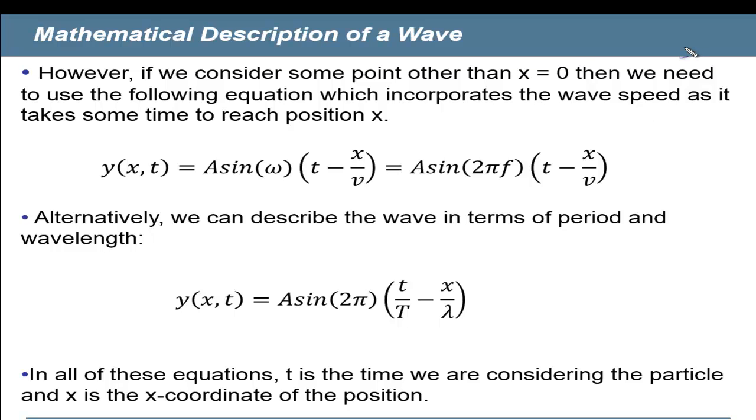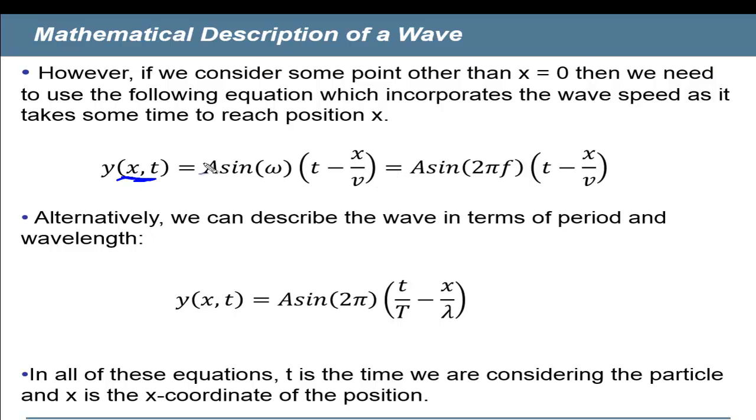If I want to consider some position x other than x equals 0, I need to use an equation that incorporates the wave speed as well as the time, because the position in x will depend on the wave speed as well, right? It takes some time to reach a position x. And so we need this function, where the y coordinate is a function of both the location as well as the time.